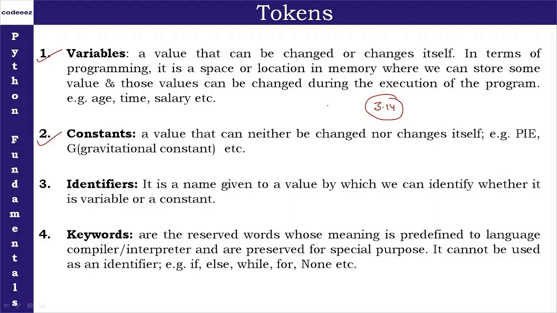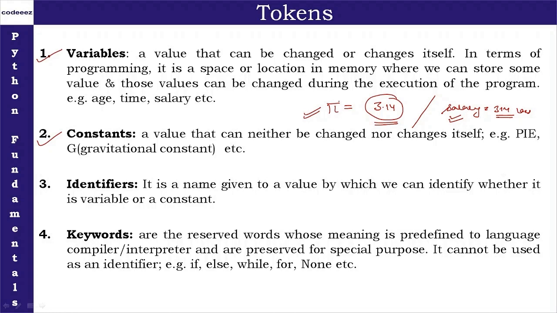Now if I write pi equals 3.14, then here the value is of pi. And in another moment, if I write salary equals 3.14 lakhs, the value remains the same, but here it is the value of salary, right? So in this case, the value is of pi, which is a constant, and in this case it is the value of salary, which is a variable.